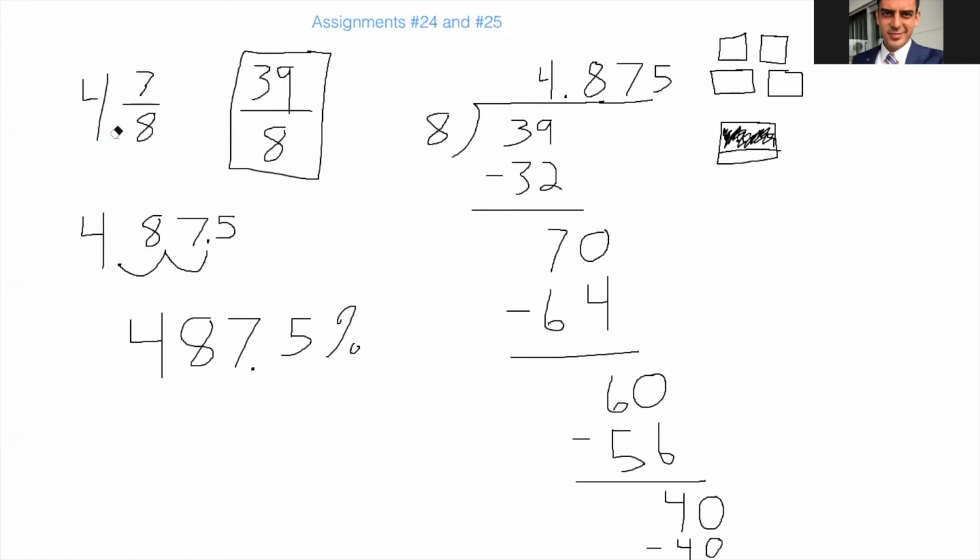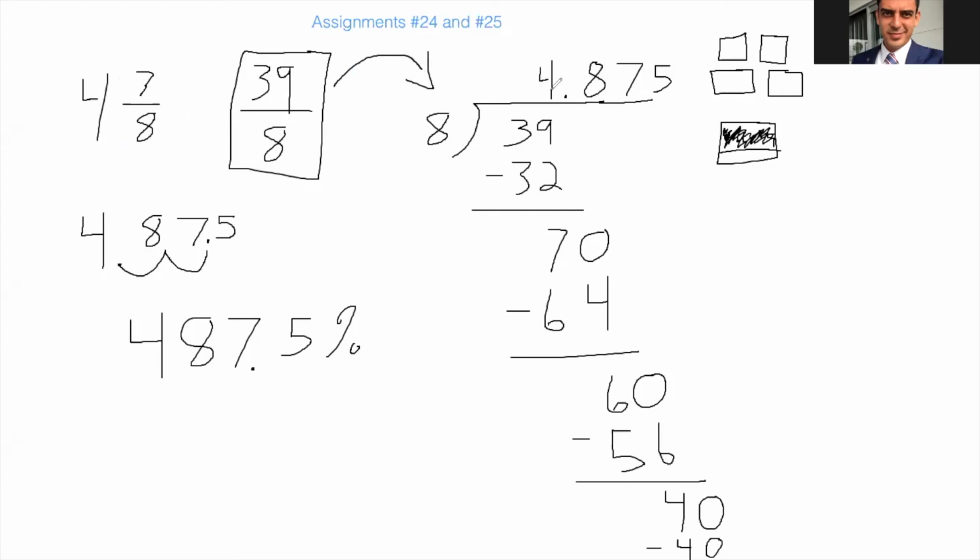So going back to the original problem, let's say I gave you 4 7/8 as a mixed fraction, and then you have to convert that into a regular fraction. So you would convert that into 39/8. So that's how you do that. And then if the question was, how do you show 39/8 in decimal form? Then you would actually have to do the fraction and divide it all out.